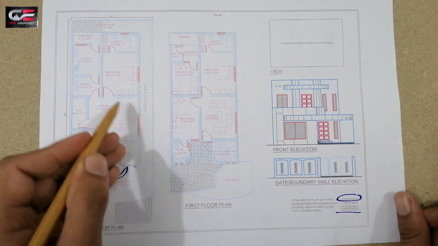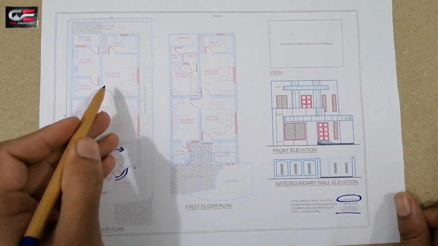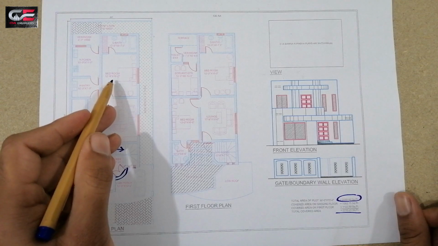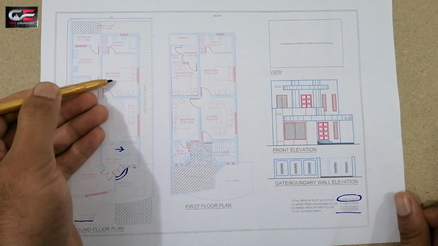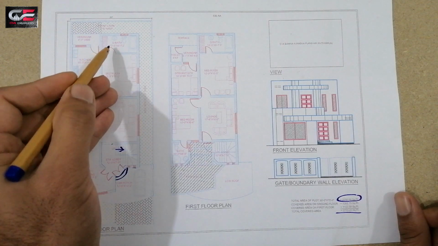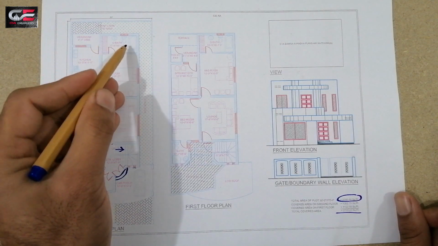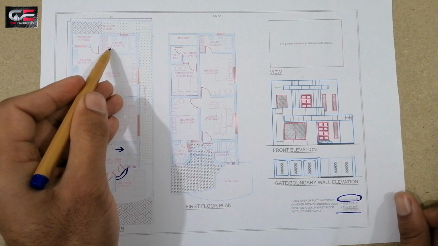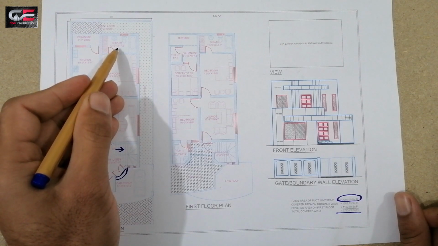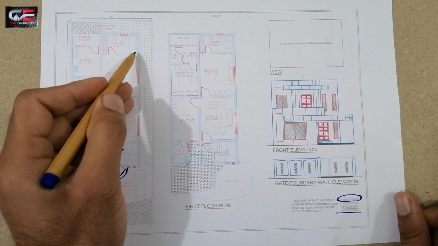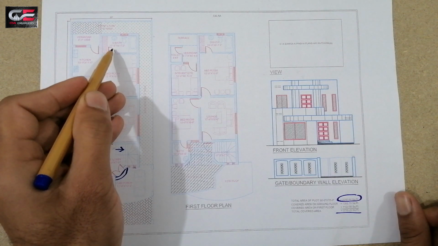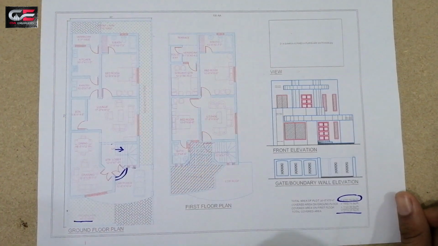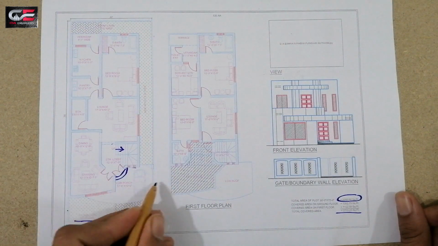You can see this is the bedroom, which size is 12 feet 9 inches by 16 feet, whose width is 12 feet 9 inches and its length is 16 feet. Here guys, you can see also the dress area and the bath, which size is 12 feet 9 inches by 6 feet 7.5 inches, whose width is 6 feet 7.5 inches and its length is 12 feet 9 inches. Here guys, you can see the car porch.